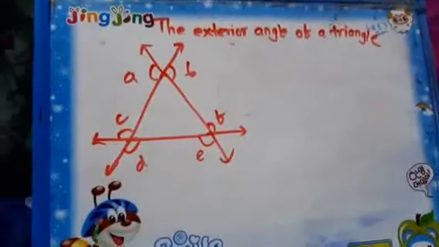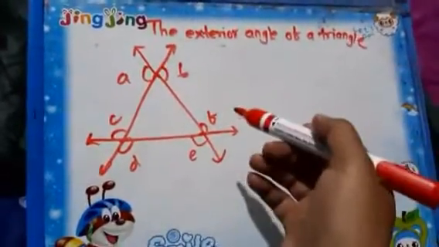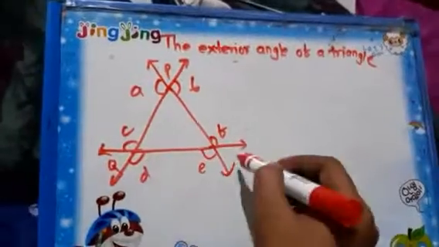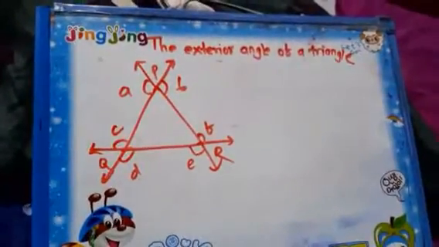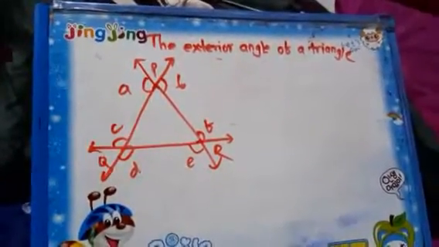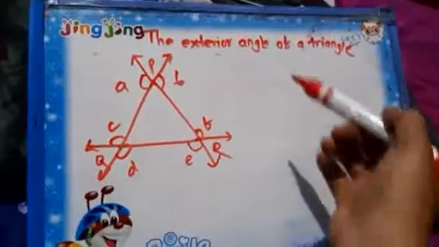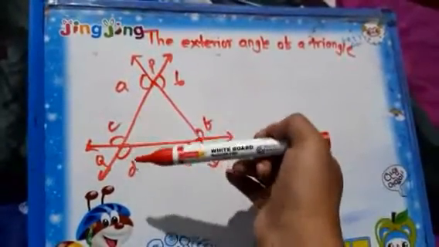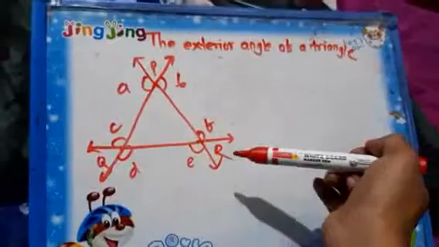Consider the next diagram of triangle PQR. In this triangle you can see all the exterior angles for this triangle, and they are denoted by angle A, B, C, D, E and F.